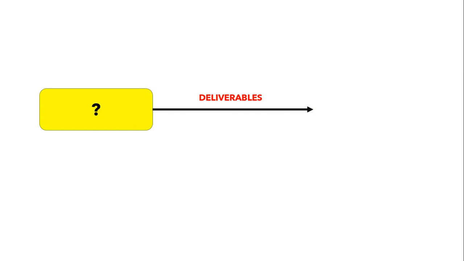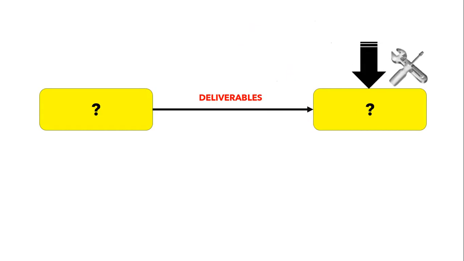All right, now let's build on that. You've got the answer? Good. Deliverables are an input to a second process. And this process uses a tool and technique known as information management.